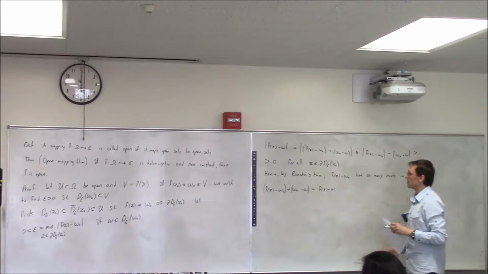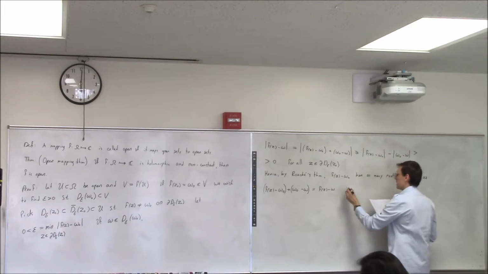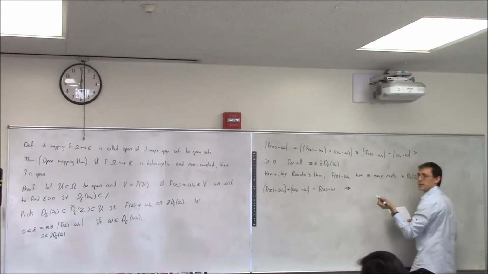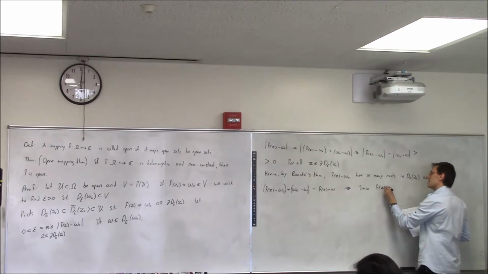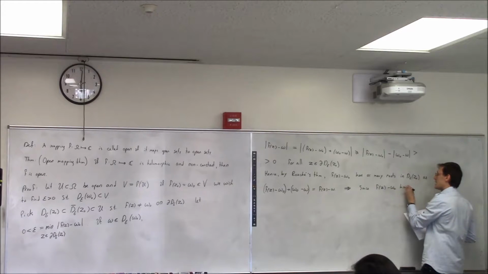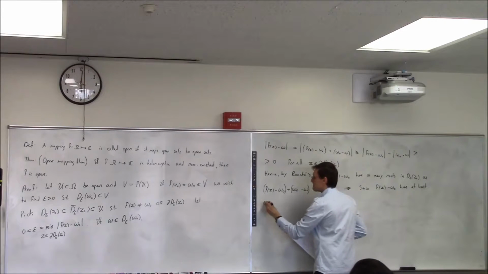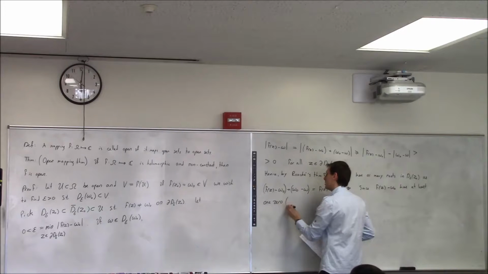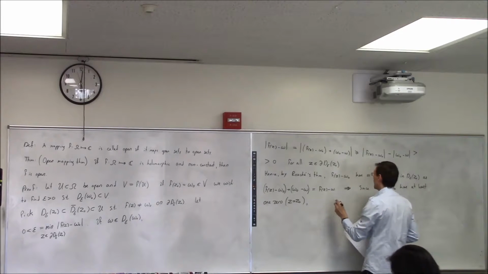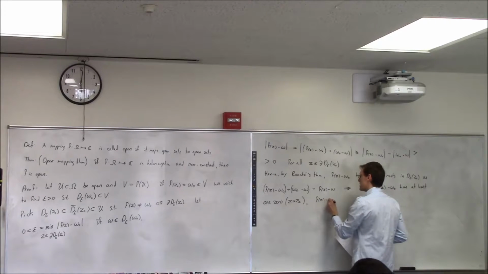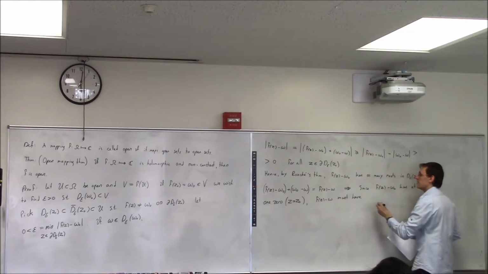So the implication is there is at least one root, since f of z minus w0 has at least one zero, z equal to z0 solves this equation, right? We know that f of z minus w must have at least one root as well.